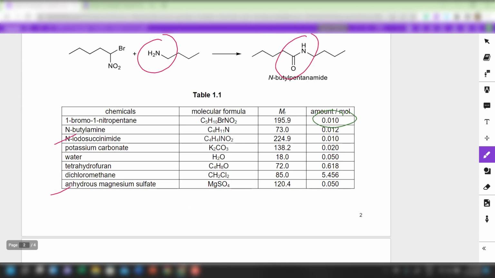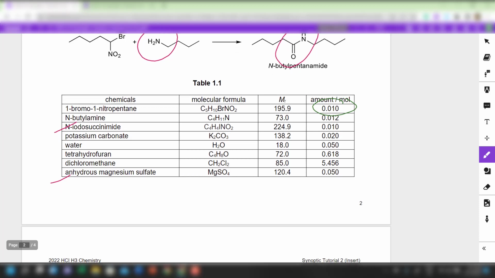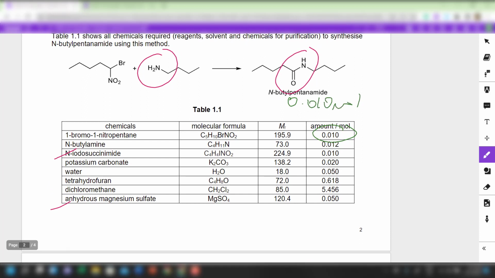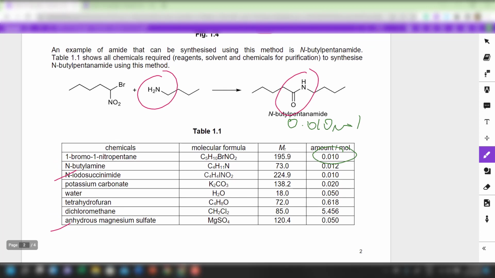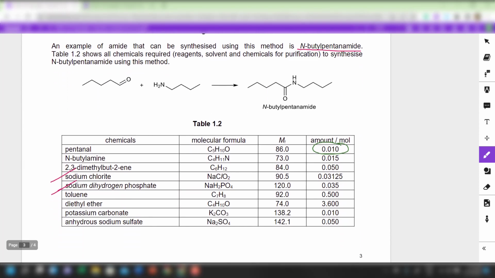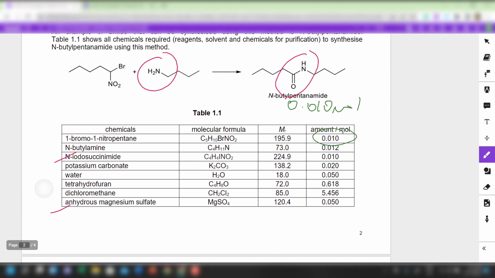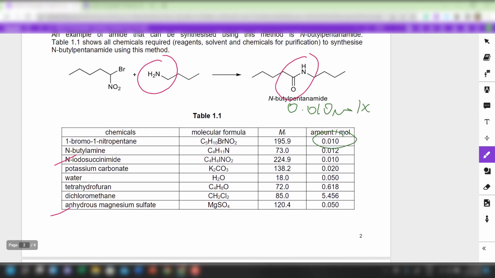We can easily do that because we would expect the amount of N-butyl pentanamide formed to be 0.01 as well, so this should be 0.010 moles. If you determine the relative molecular mass of N-butyl pentanamide, that should be 157. I think you can easily calculate that. So 0.01 multiplied by 157.